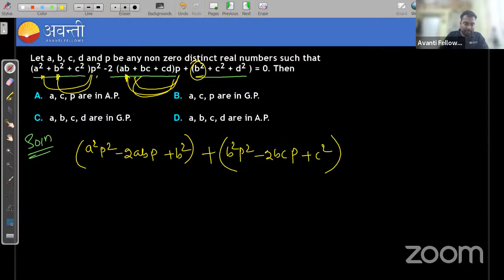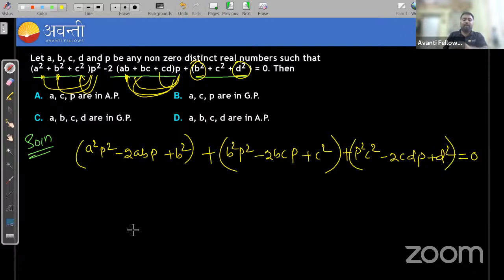Similarly, P square into C square, plus P square C square, P into CD into 2, minus 2CDP, then plus D square, which is equal to 0.